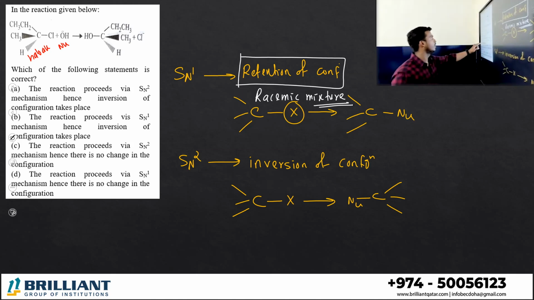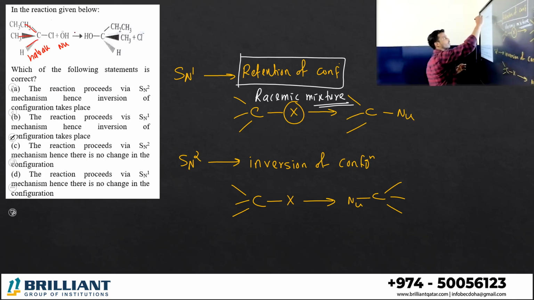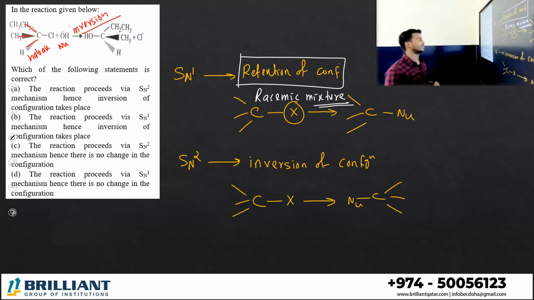So come to the question. Initially in this structure you can see all are like this, but finally inverted. So there is an inversion. Inversion corresponds to SN2 mechanism. So the reaction proceeds via SN2 mechanism, hence inversion of configuration is happening. Option A is the correct one.